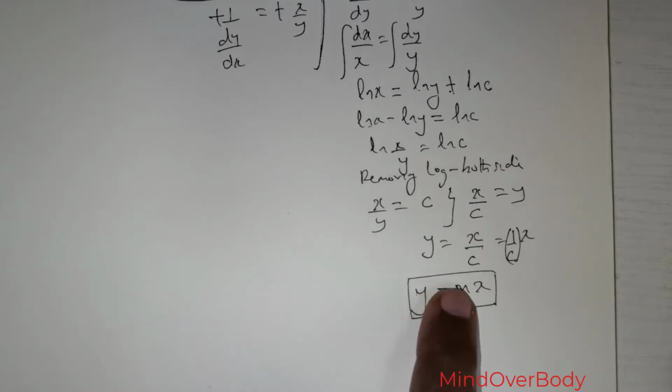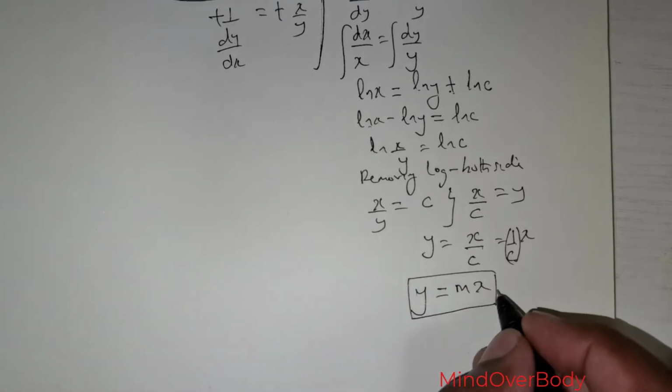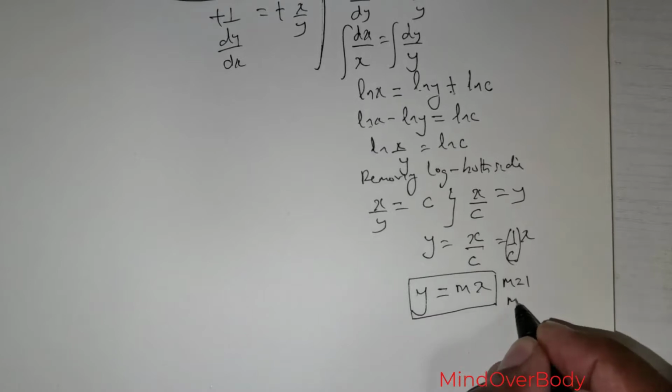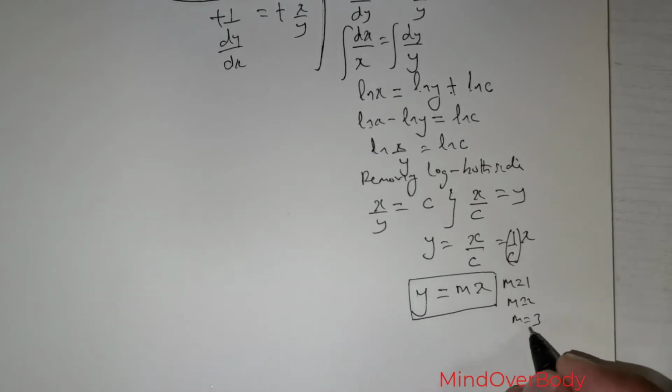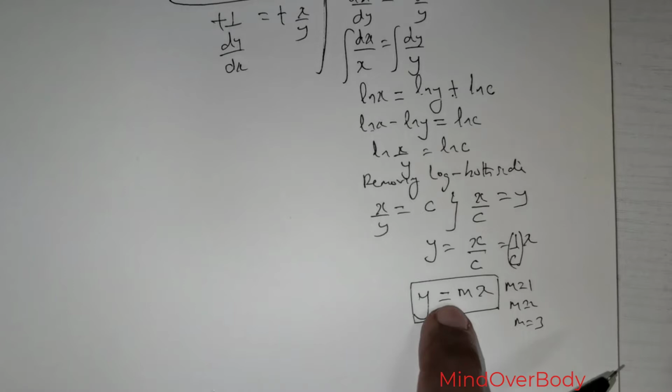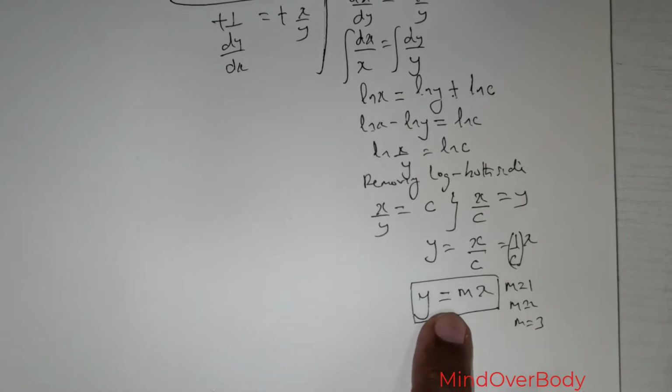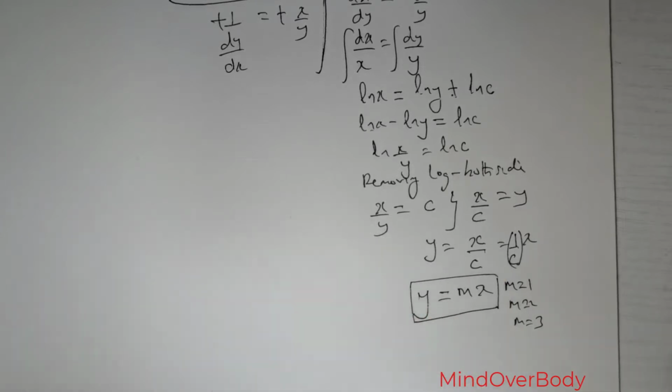You follow me? We're getting a family of straight lines for different values of m. So m can take 1, m can take 2, and m can take 3, and so on and so forth. So this is the family of curves that is required. In other words, this family of curves is actually intersecting the given curve orthogonally.